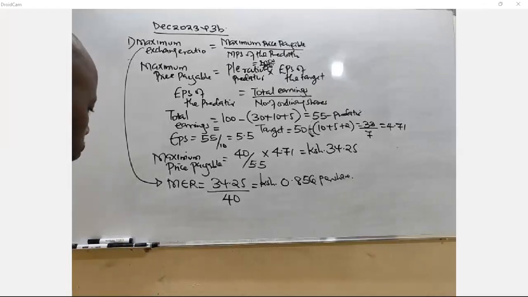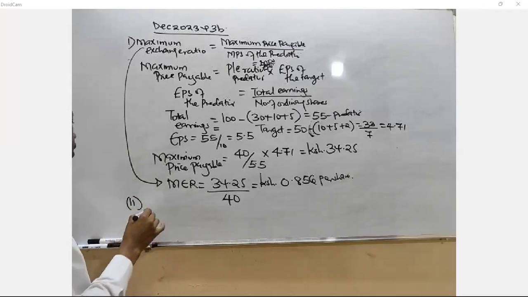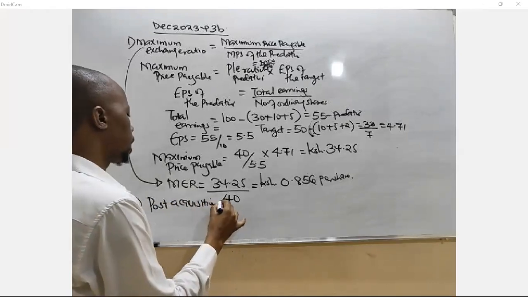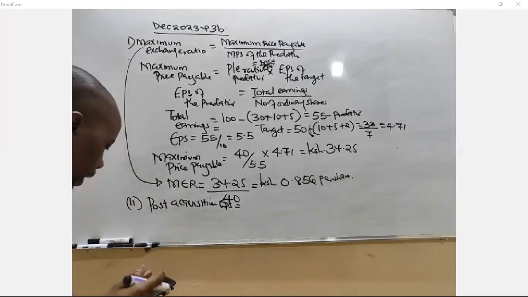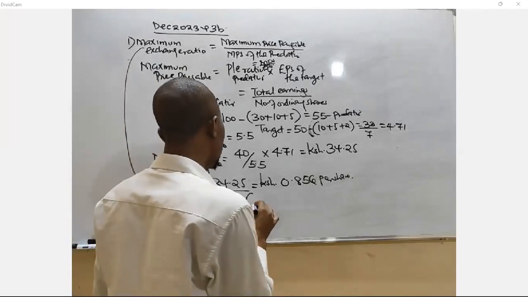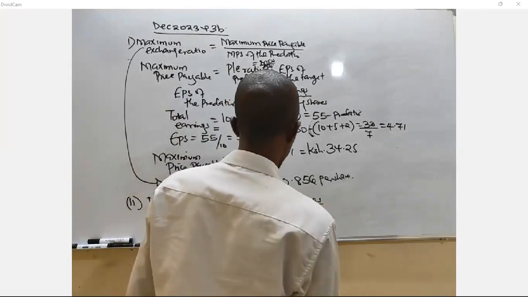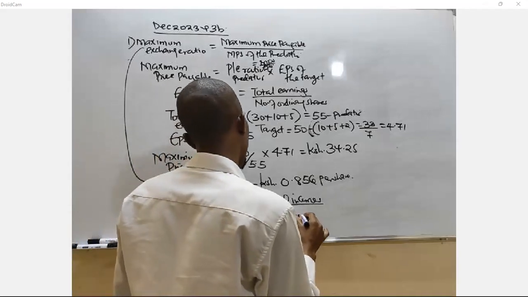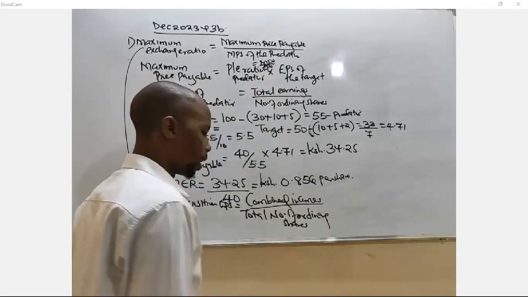The other thing is number 2. When the examiner asks a very simple question, what is the post-acquisition earning per share? When you are taking the post-acquisition earning per share, what we normally say is we take our combined incomes for both companies, then we divide by the total number of ordinary shares.